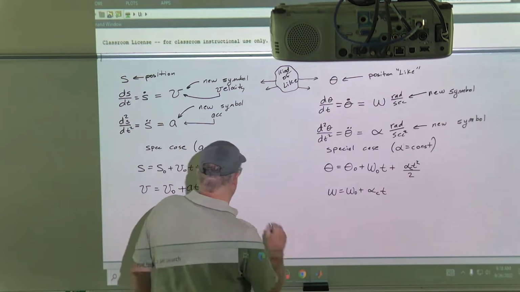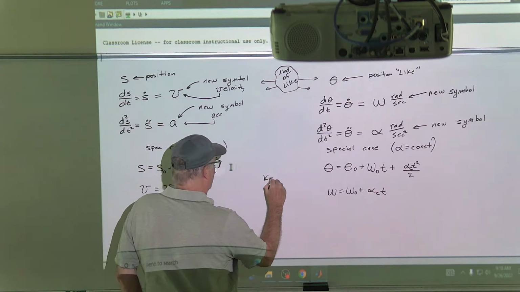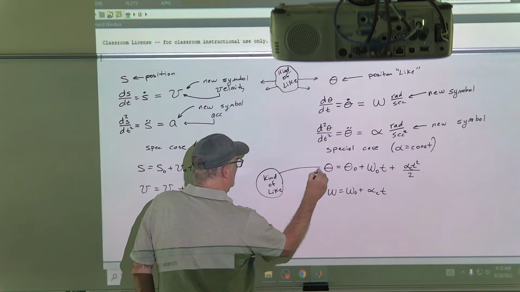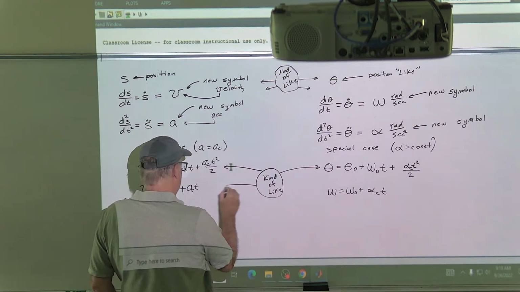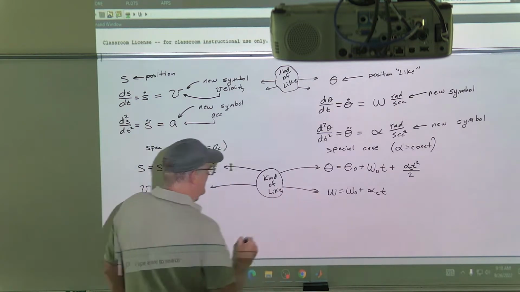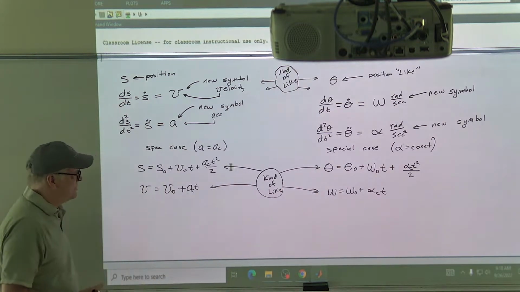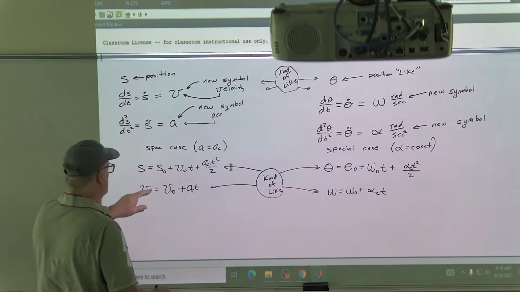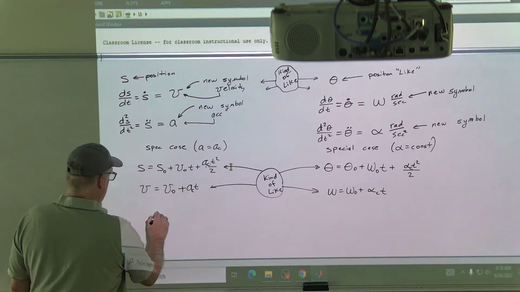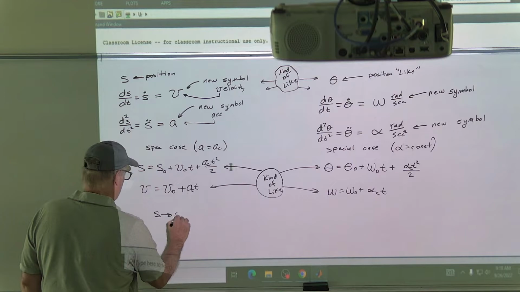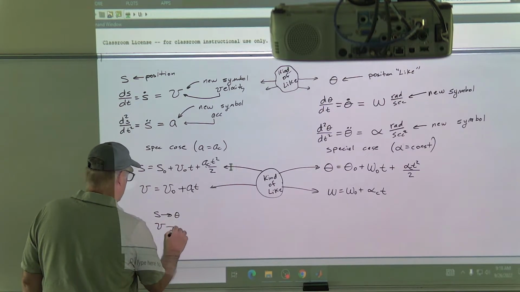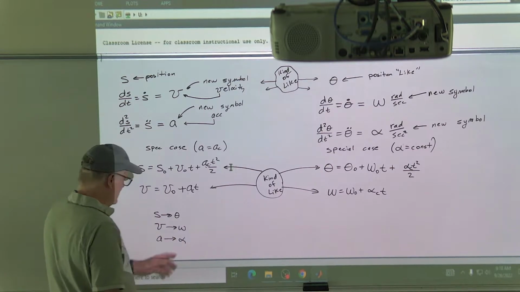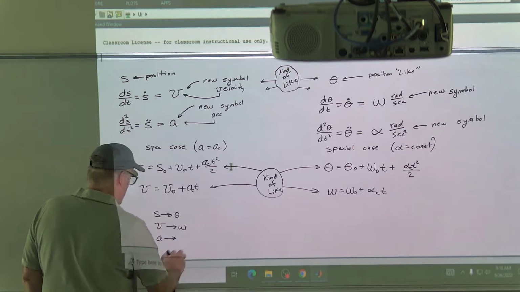So in fact, this one's kind of like that one, and this one is kind of like that one. There is no difference between these two. All you do is replace S with theta, V with omega, and acceleration with alpha. So that's an alpha, and it's the same thing.